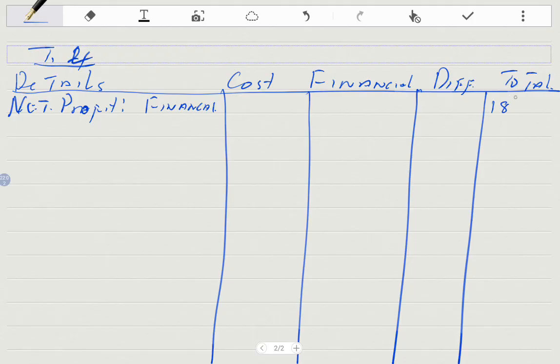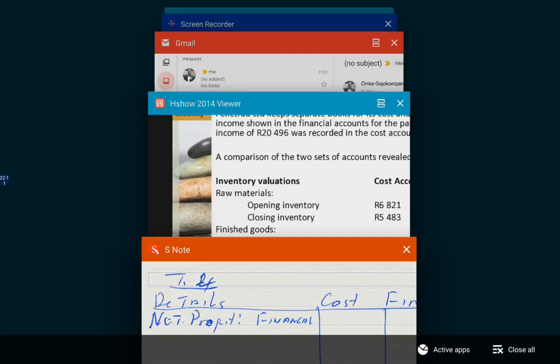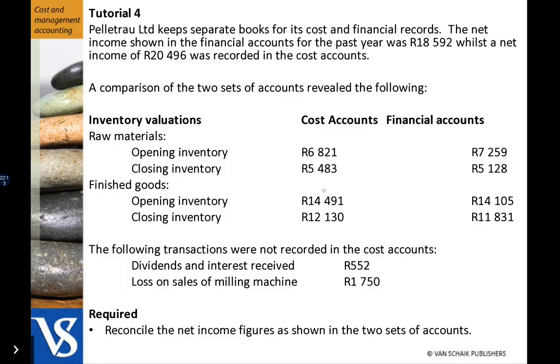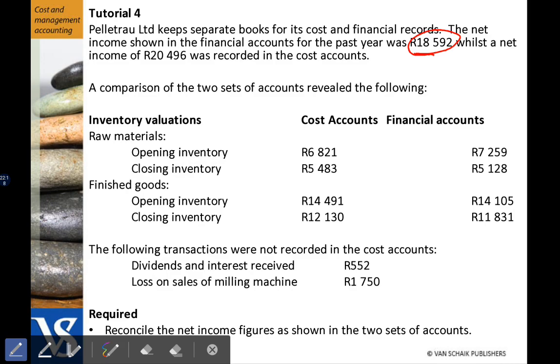They've shown us 18,592. If you go back to the question, 18,592, that's the profit that you have. So our task now is to take this 18,592 and make it equal to 20,496, which is the profit that we have on our own record.